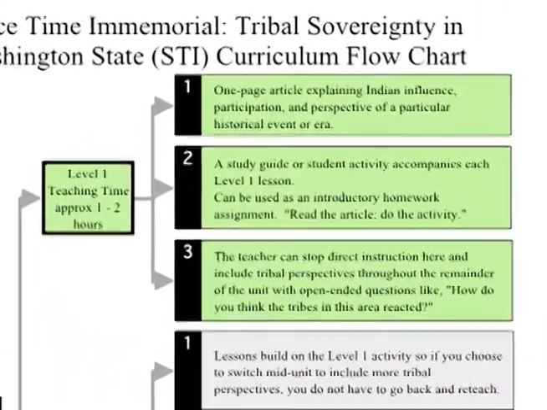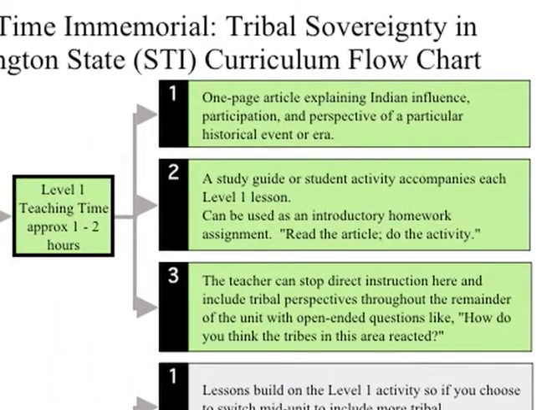We have a one-page article or newsletter that talks about that particular historical era from a Native perspective. And it is written at the appropriate grade level so that your 4th graders, your middle schoolers, your high schoolers would be able to read it.